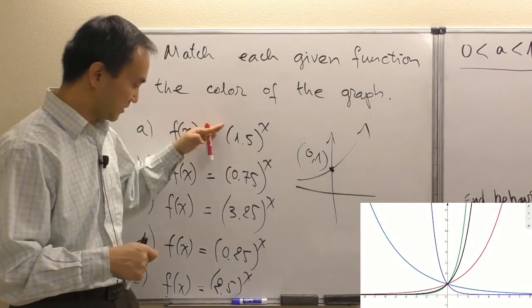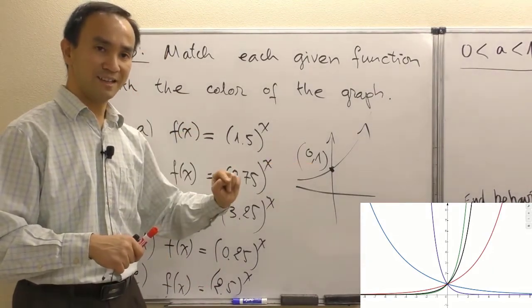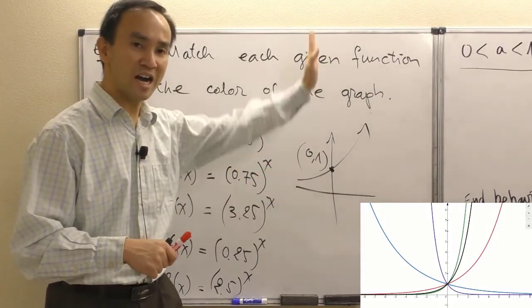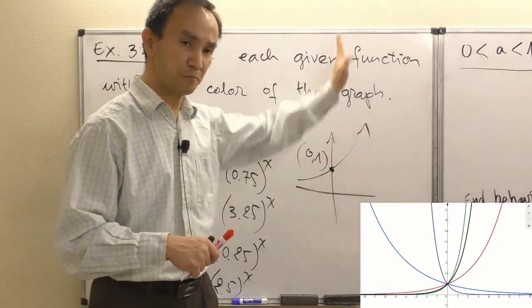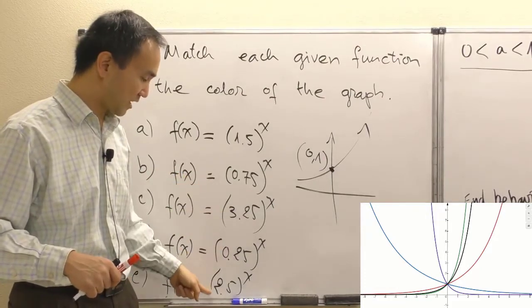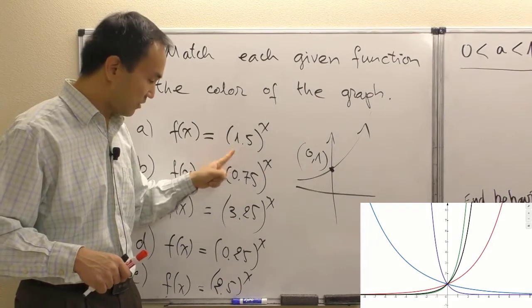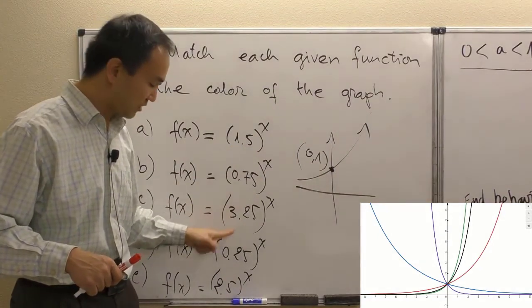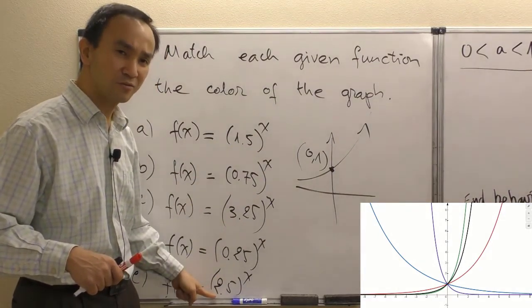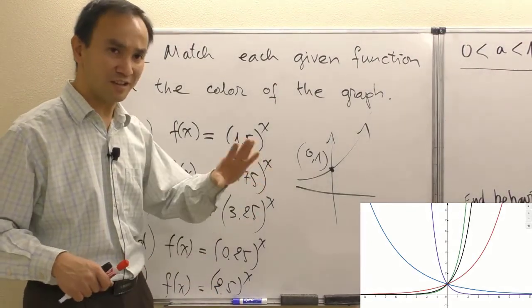Any one of these has to have that shape, and it rises more and more rapidly as the base gets bigger. So this is the lowest base value, this is the highest base value, and this is the middle value.